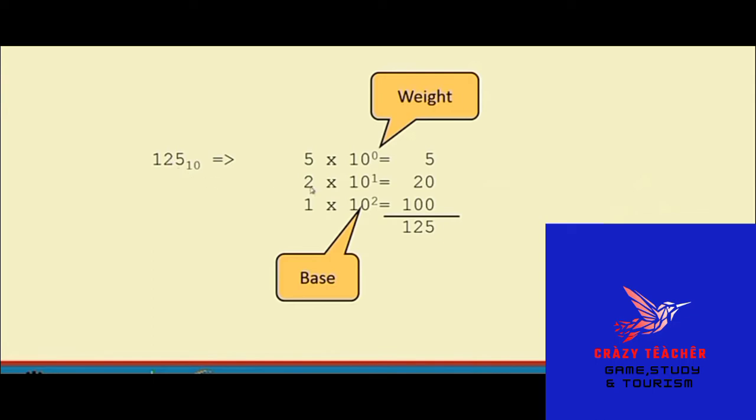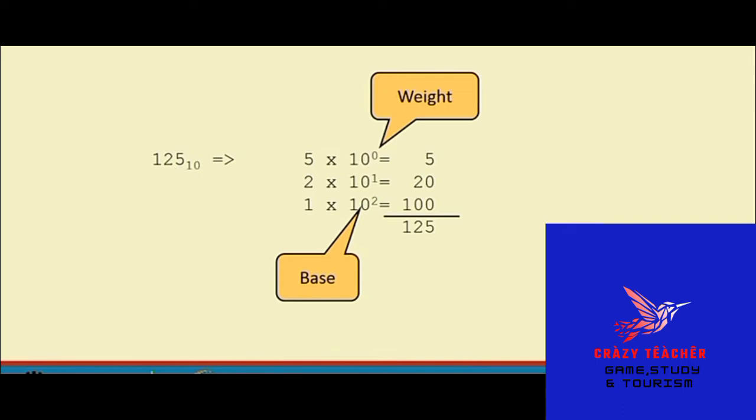This 2 here is representing 2 into 10 to the power of 1, that is 20. And this 1 here is representing 1 into 10 to the power of 2, that is 100. So the value of the symbol is multiplied by some weighted value of the base. That is going to be the contribution of a particular digit.